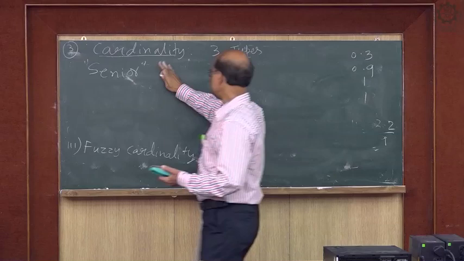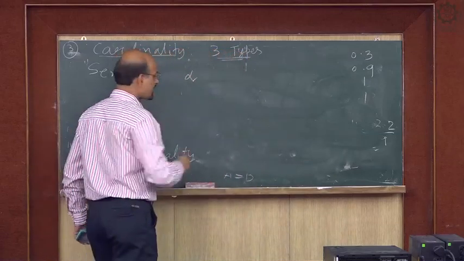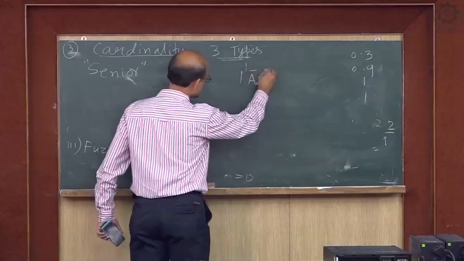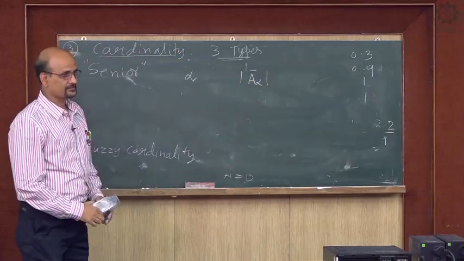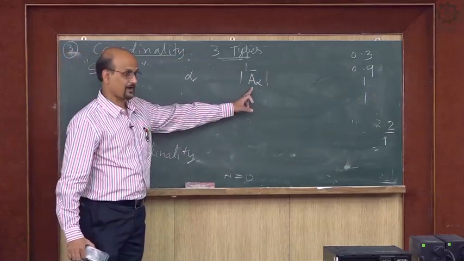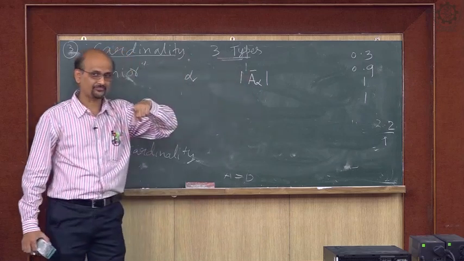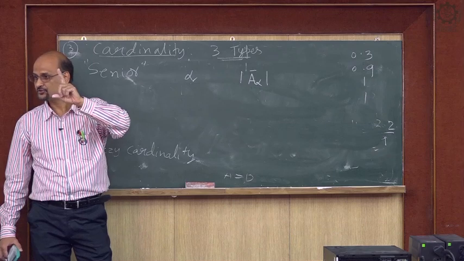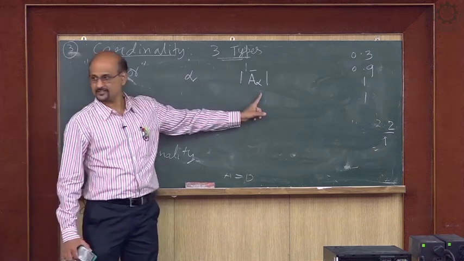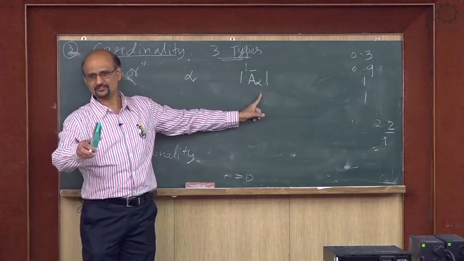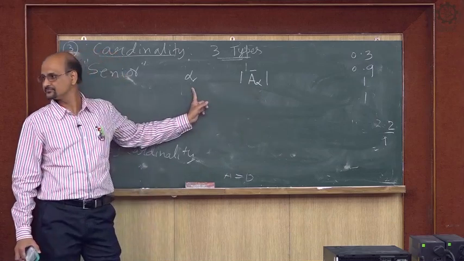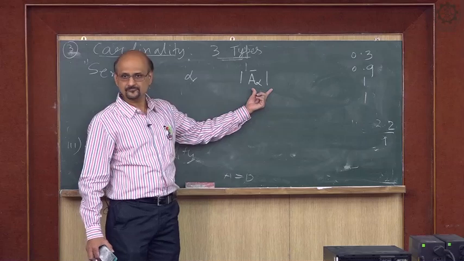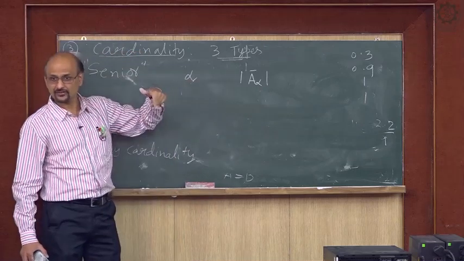So, let us write like this, alpha, and what is alpha, and here A alpha bar. You remember when I write A alpha bar, this is a crisp set or not, because when I take this alpha level set, it turns out to be crisp set corresponding to this alpha, remember. So, this is your crisp cardinality for that alpha level set.